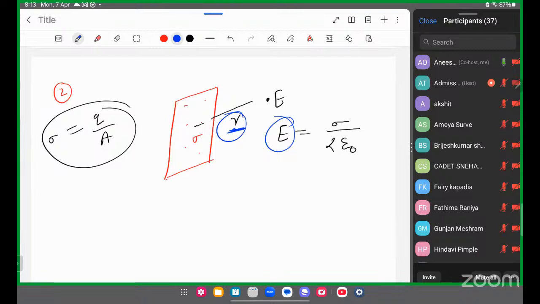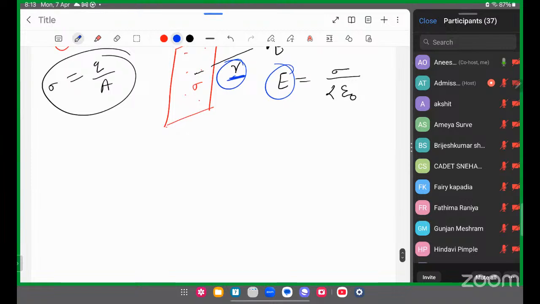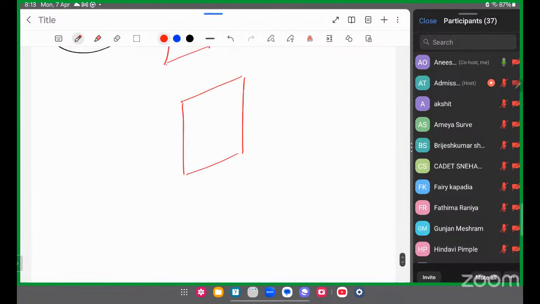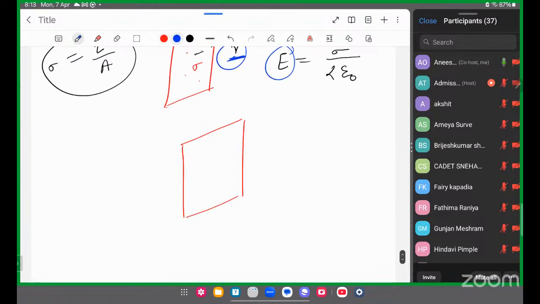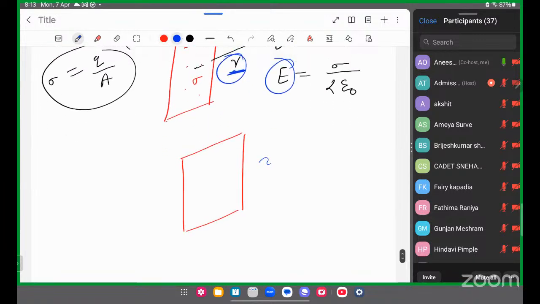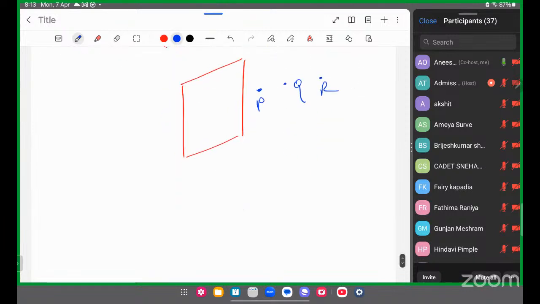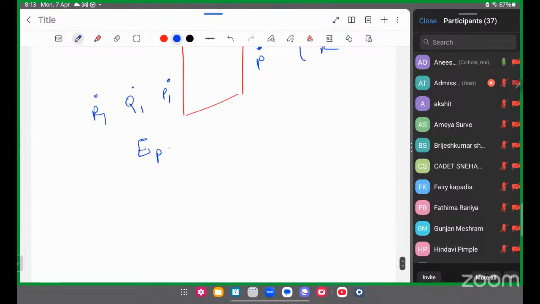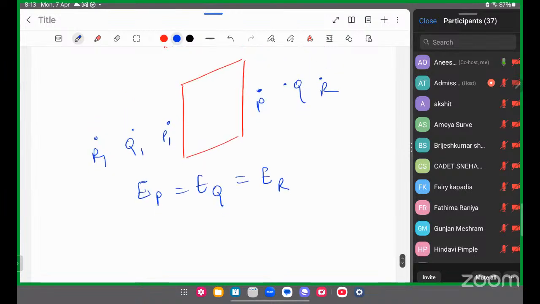If you are taking different points in the nearby region of the plate, let's say one point is P1, this point is Q1, and this point is R1, then electric field E at P will be the same as electric field at Q and the same as electric field at R.